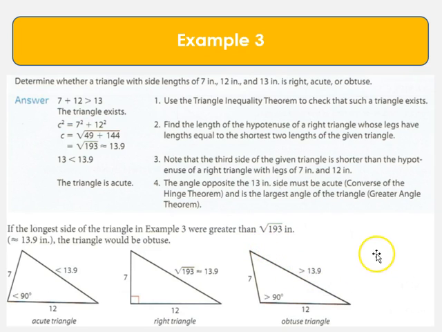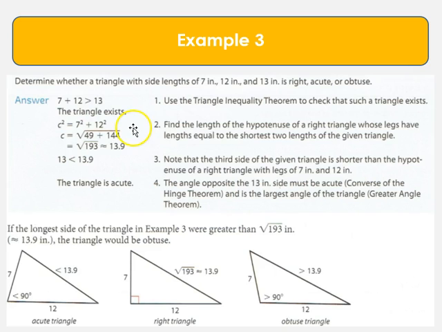Let's look at example 3. Determine whether a triangle with side lengths of 7, 12, and 13 is a right, acute, or obtuse triangle. So, we use the triangle inequality theorem to check that such a triangle exists. Mixing these numbers around, we find that 7 plus 12 is greater than 13, so we really do have a triangle here.